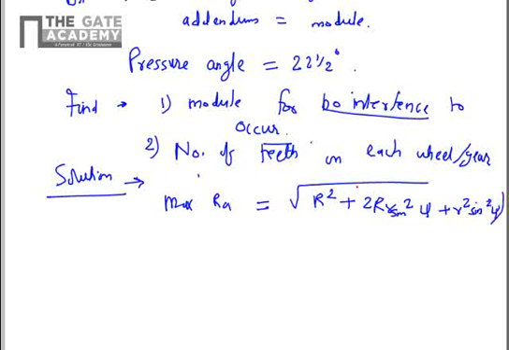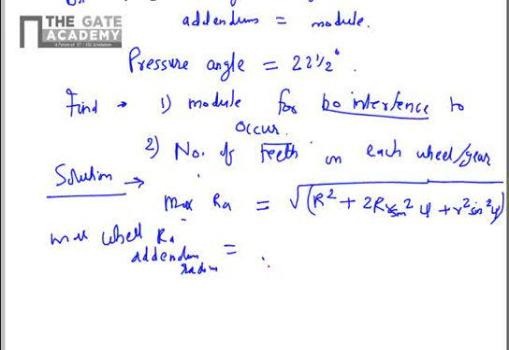This you can recall from our derivation on interference. In that section you will find the complete derivation. This is the maximum permissible addendum for the wheel, the maximum wheel addendum circle radius. We have to calculate R, small r, and xi is given.